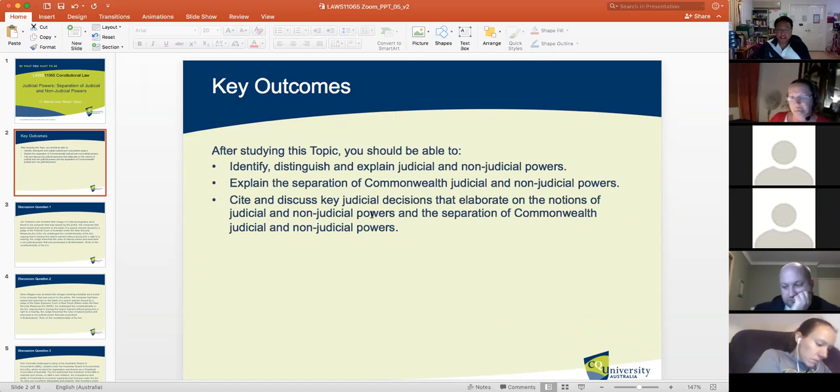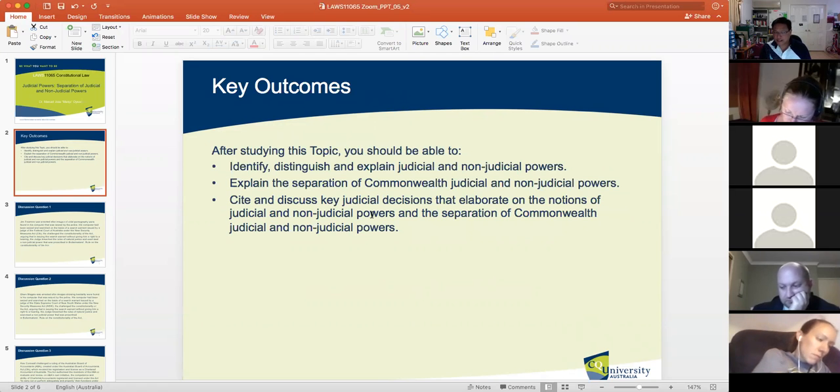Or is it exercising judicial powers? So I'm using the word tribunal in a bigger sense. The bigger question then, for example, is that assuming that there is a law that has been passed which vests in a tribunal the power, for example, to change legal relations between the parties, then that would suggest that that tribunal is exercising non-judicial powers.